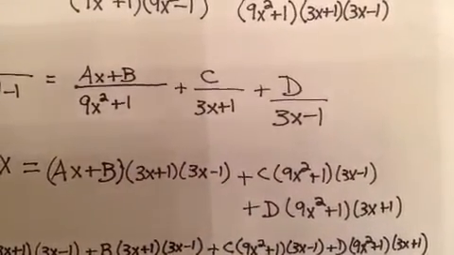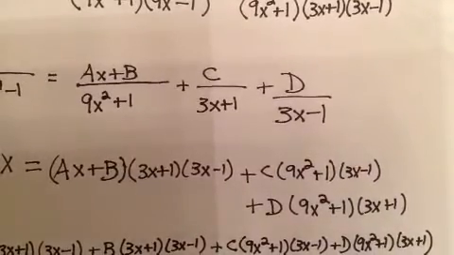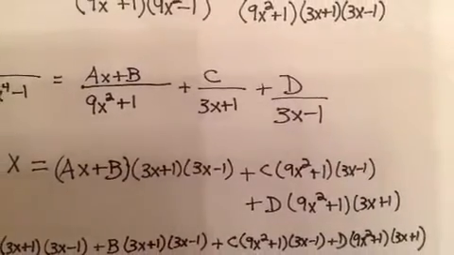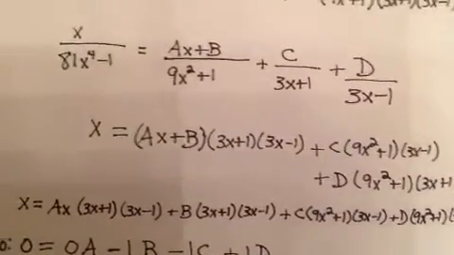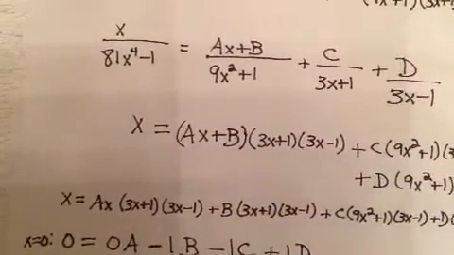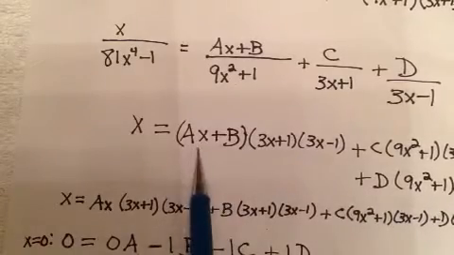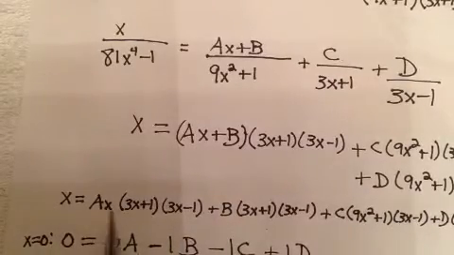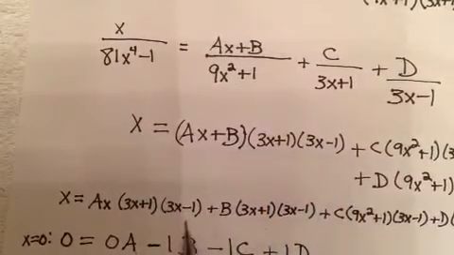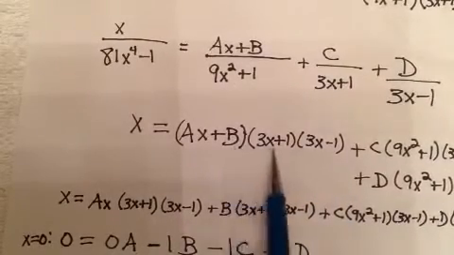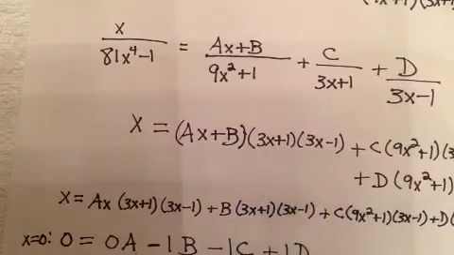Alright, now there's going to be a bit of crowding in this particular situation, but in the development, once we split up the ax and the b, we have x equal to a times x times 3x plus 1 times 3x minus 1, and b is also multiplied by 3x plus 1 and 3x minus 1.